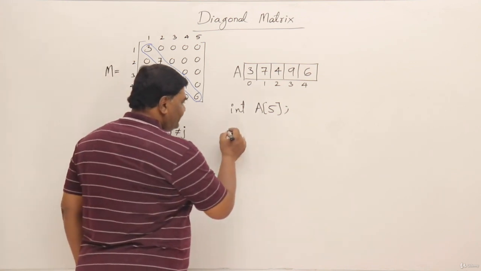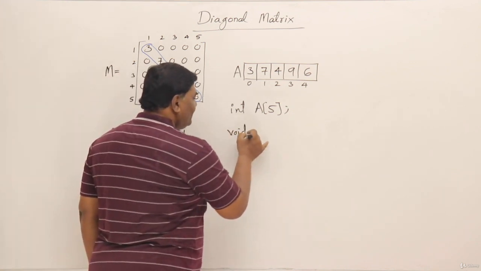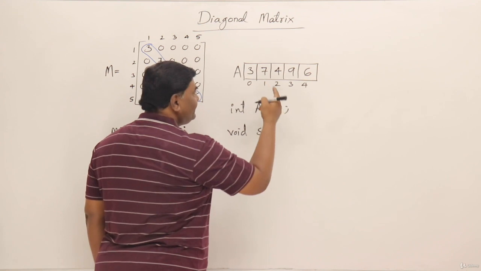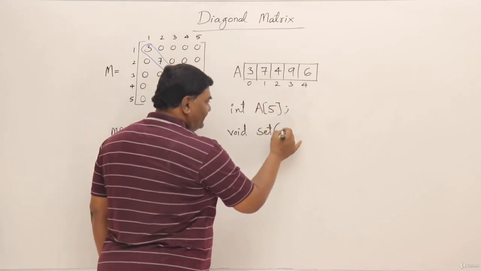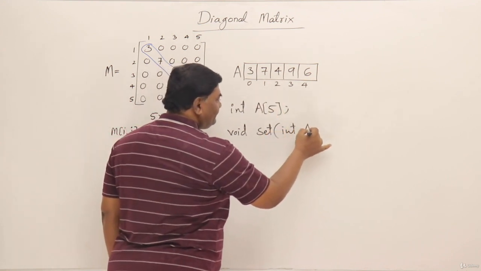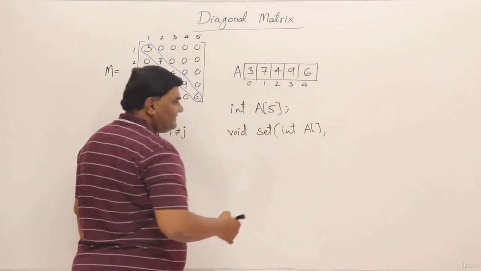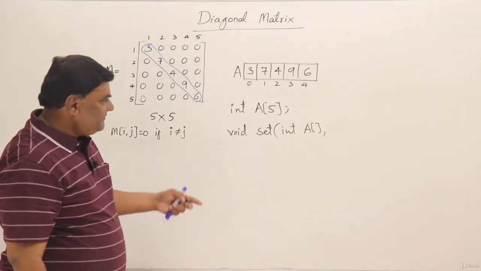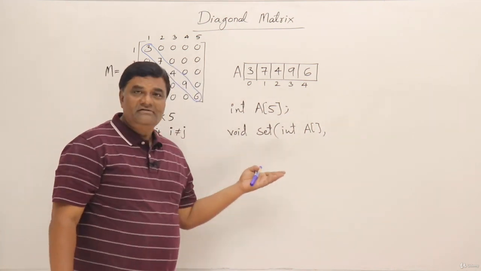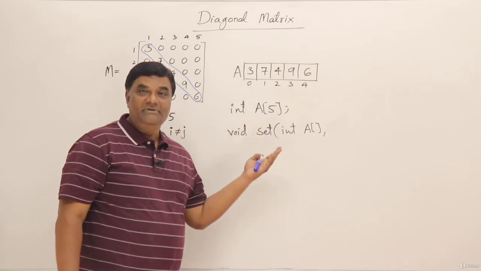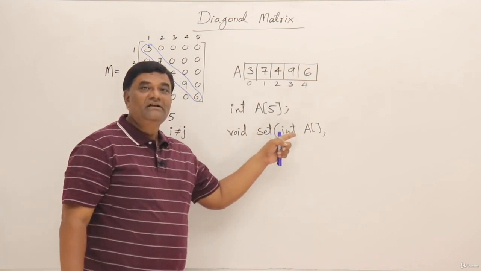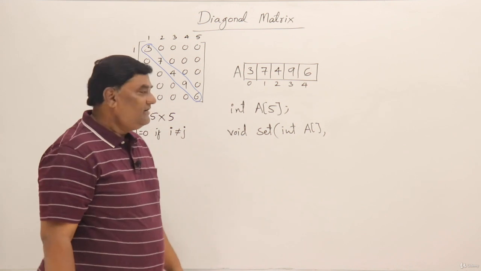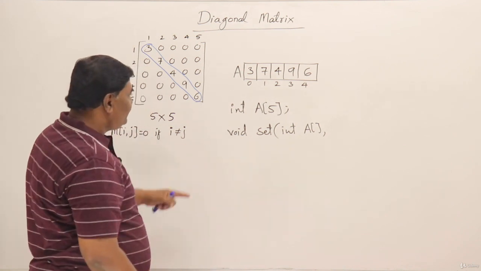So let us write the set function first, for storing data. First of all, it needs an array. The first parameter is the array. Which array? In my program, I may have many matrices which are diagonal matrices. So whichever diagonal matrix it is, I can pass it as a parameter. Then next, it needs which element.